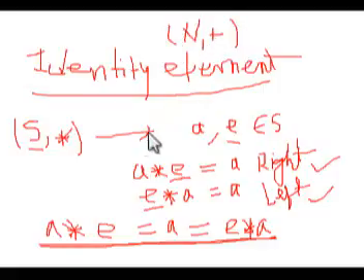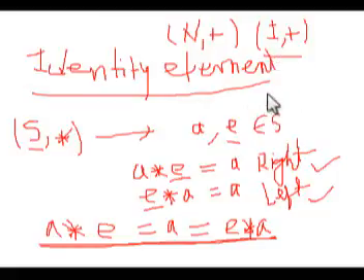So how can we take an example? Take the set of integers. The set of integers has an identity element with respect to the binary operation addition, because the set of integers consists of 0. 0 is such an element that works like an identity in the set of integers.